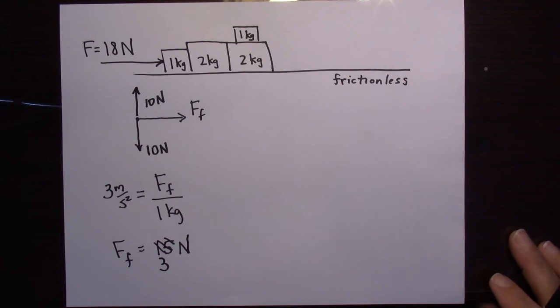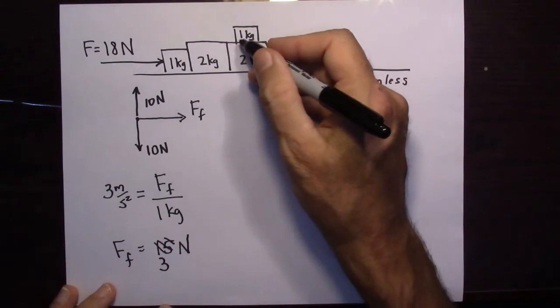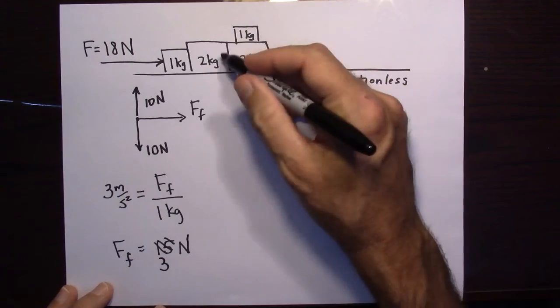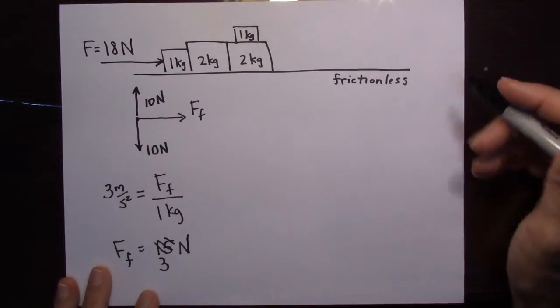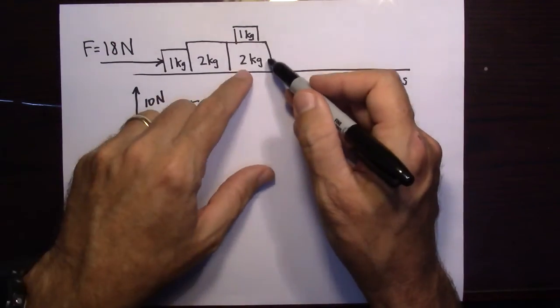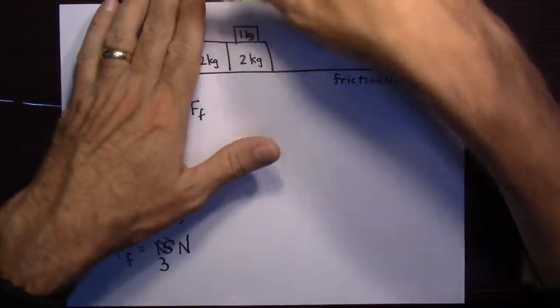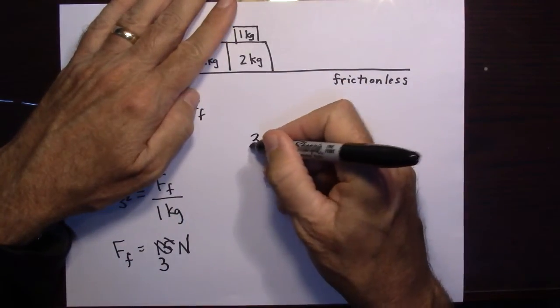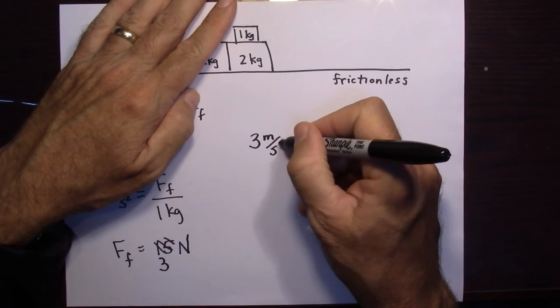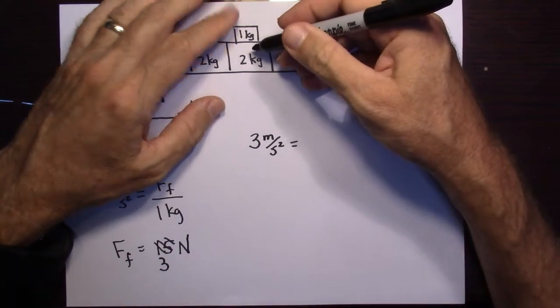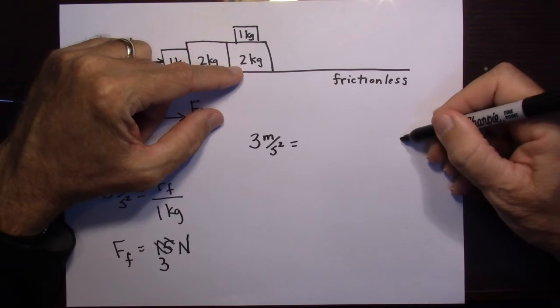Now, could we have done that another way? Could we have looked at just this block, let's say? Actually, there's a bunch of ways you can do this, but let's just look at this one block right there. I'm going to say a equals, now there's some forces on this block. Let me show you all the forces on this block.